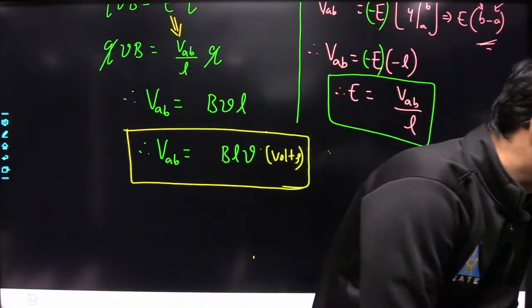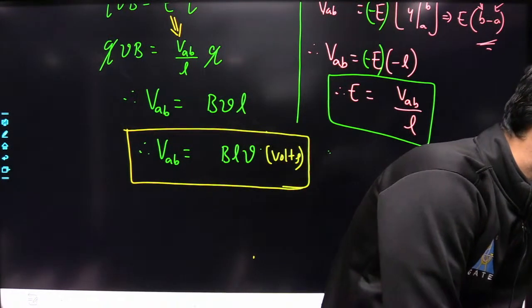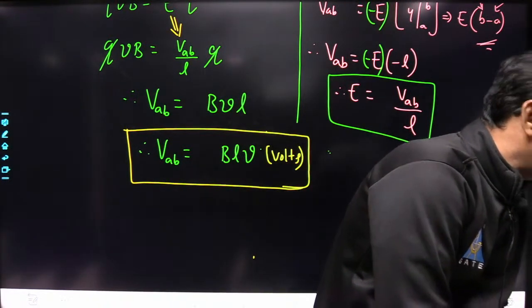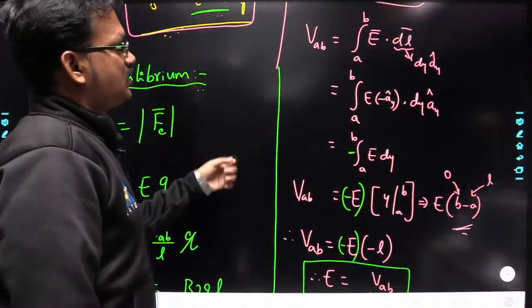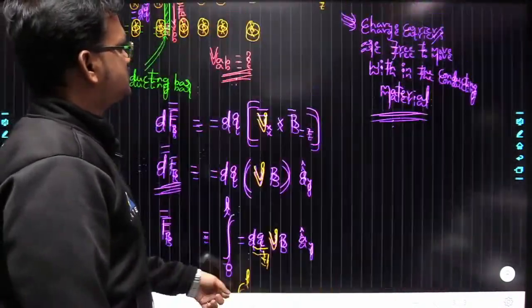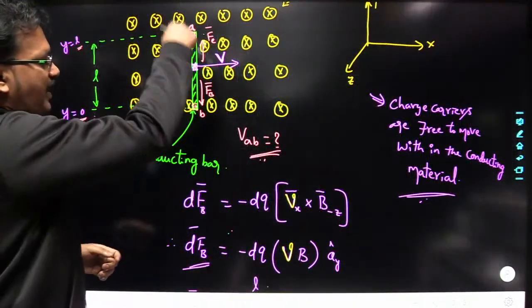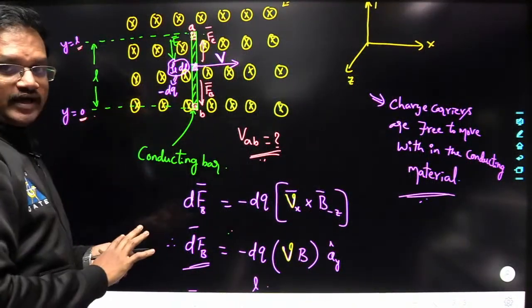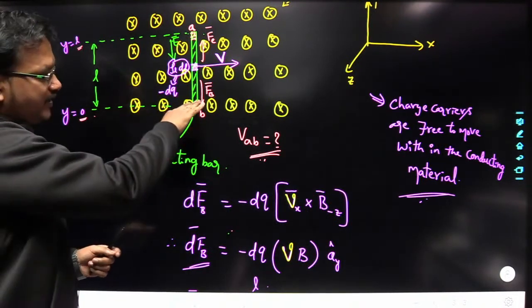Rahul Thakur, sir, please explain the direction of the electric field again. See here, the magnetic force is acting in the downward direction. So all the negative charge carriers are going to accumulate at the bottom.